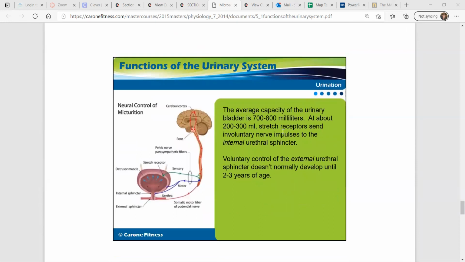The average capacity of the urinary bladder is 700 to 800 milliliters. At about 200 to 300 milliliters, stretch receptors send involuntary nerve impulses to the internal urethral sphincter. Voluntary control of the external urethral sphincter doesn't normally develop until 2 to 3 years of age.